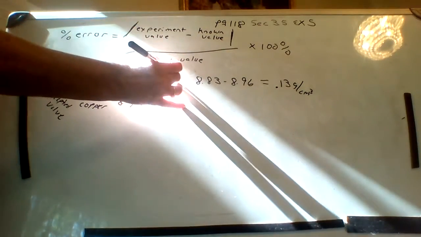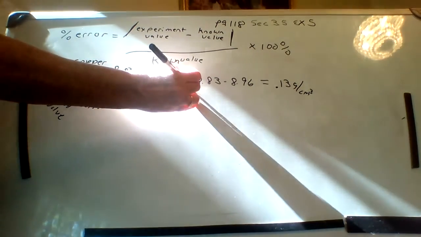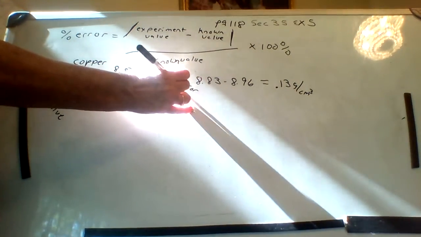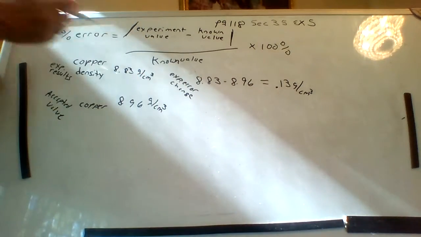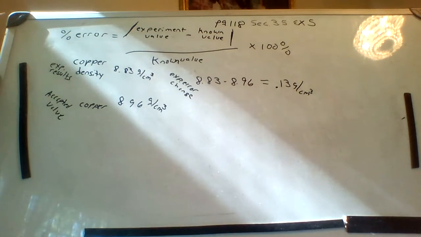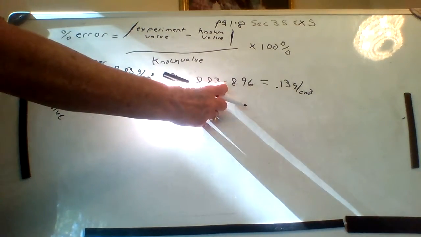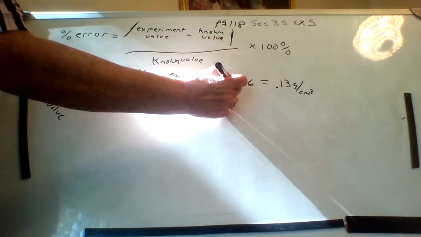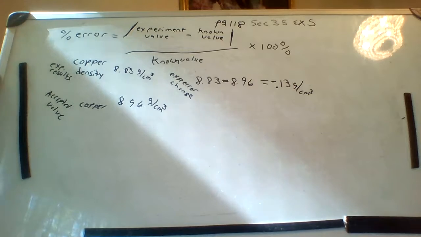So they're calling it the experiment error, but really what you're finding here is just that simple change of these values. So that's the change. Now, this is not a correct answer because this is smaller and this is larger, and I'm subtracting it. So technically, I got a negative number there, so it should be negative 0.13.